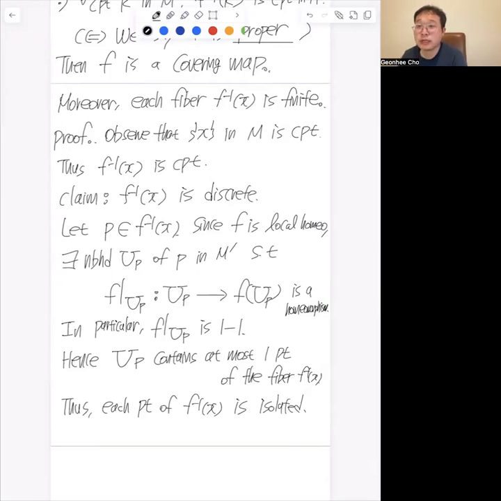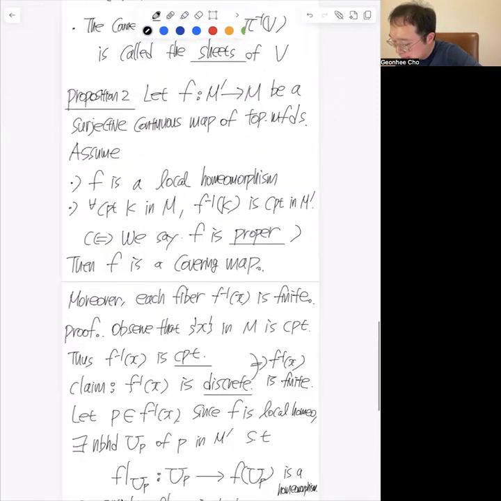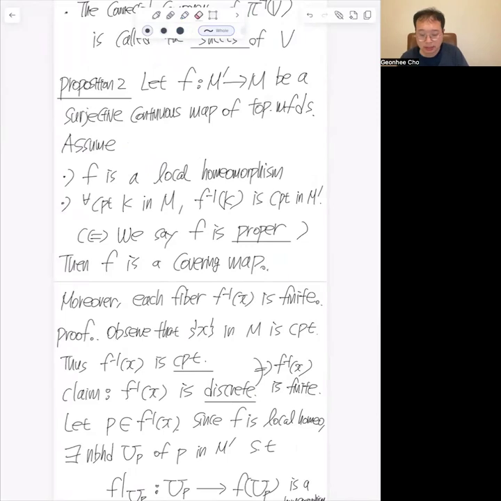Once it's isolated, it just means the fiber is discrete. And now we are done, because combining compactness with discreteness forces F inverse of X, the fiber, to be finite. So the last sentence is already proven by this argument.